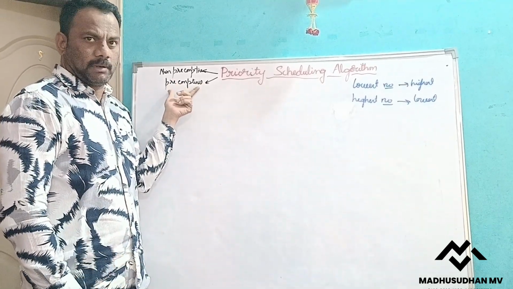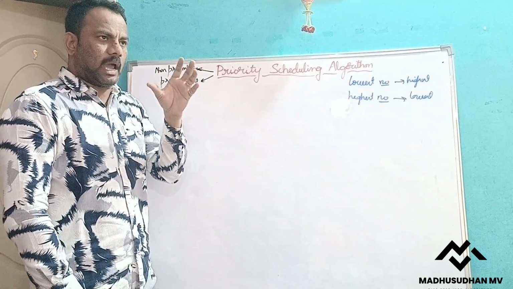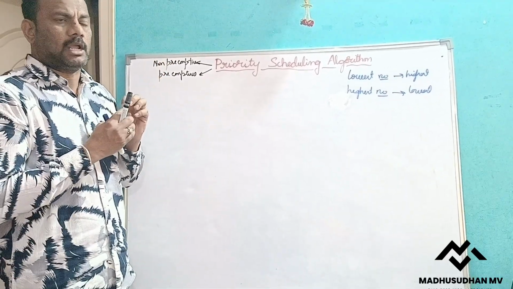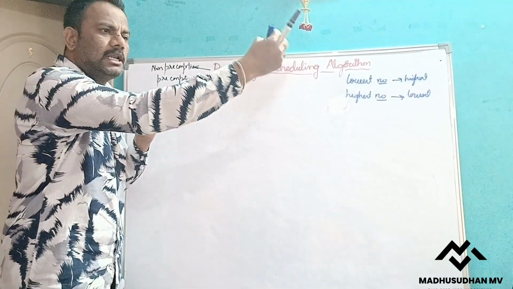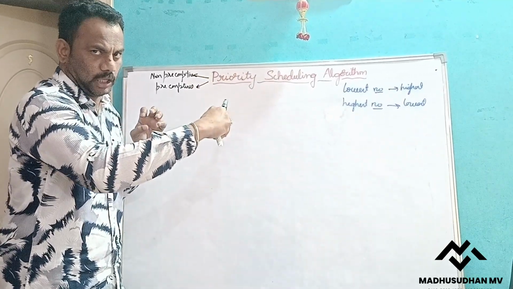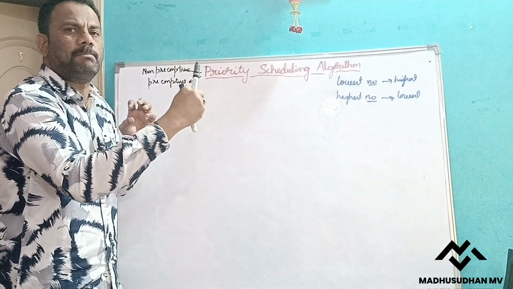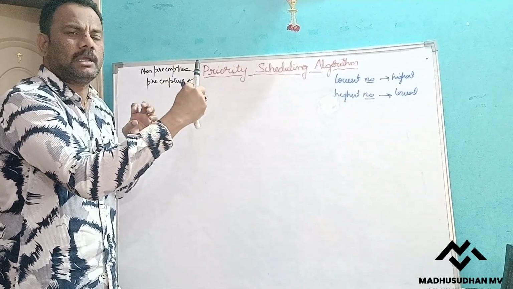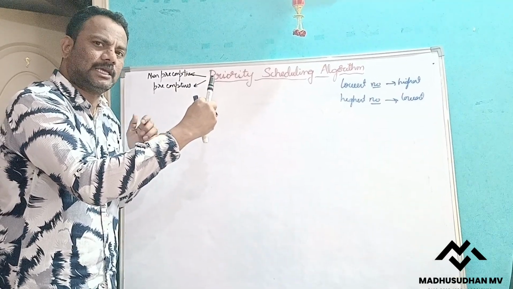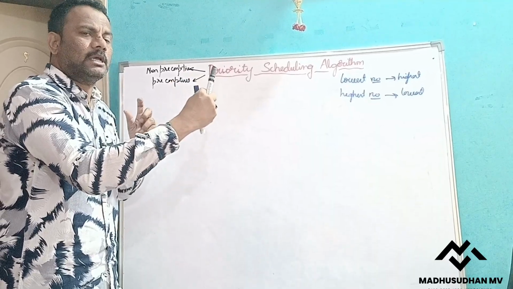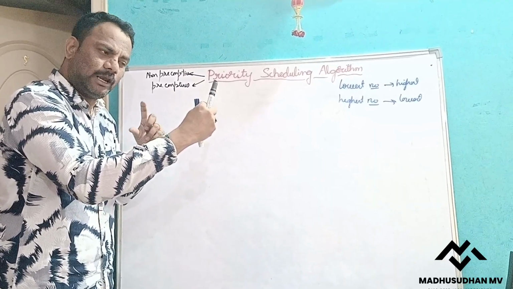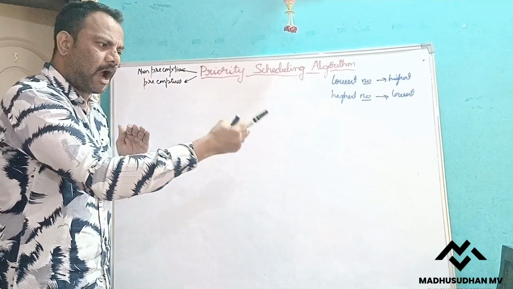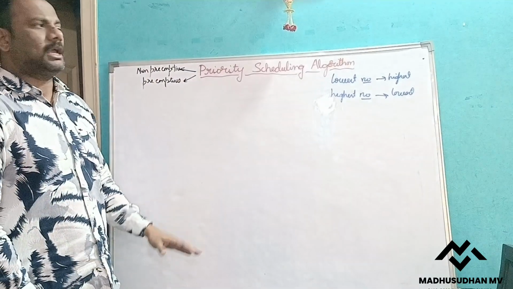In the case of preemptive, I am currently executing the highest priority process, and after some time another new process arrives at the ready queue. At that time I need to compare the priority of the newly arrived process with the priority of the currently executing process. If the currently executing process has lower priority than the newly arrived process, I have to stop this and take the new one. That's what preemptive means.